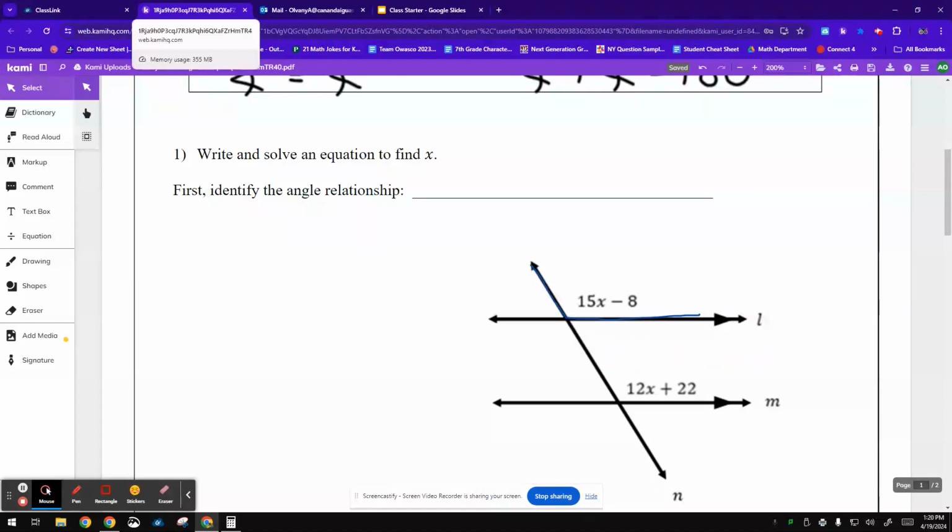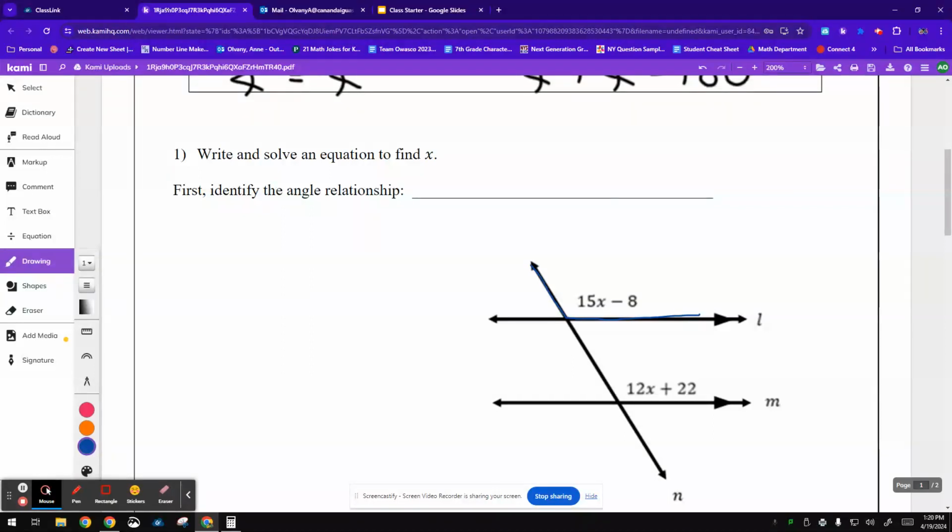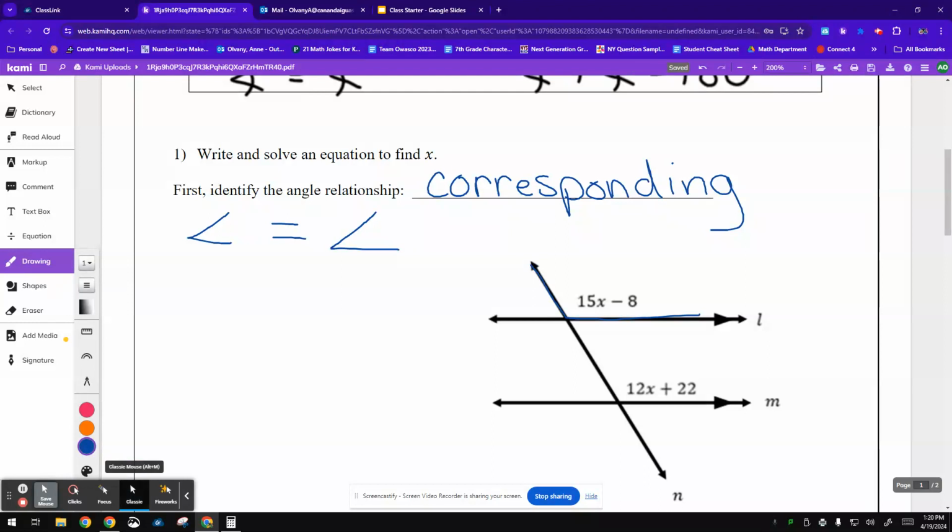They are corresponding. So I'm going to write corresponding, and to remind me what I'm going to do, I'm going to write angle equals angle. So I'm going to take this angle here, 15x minus 8, and set it equal to 12x plus 22.